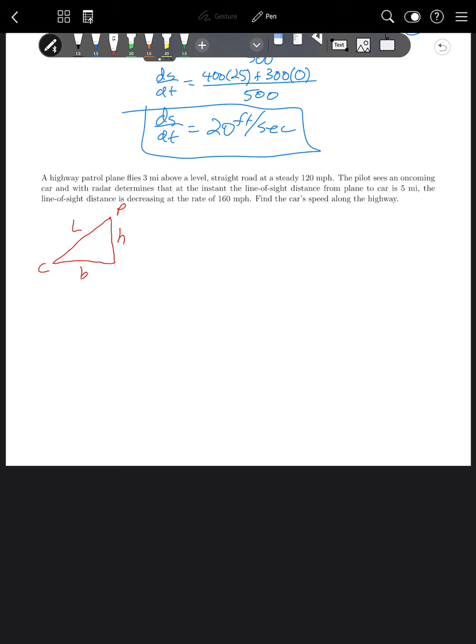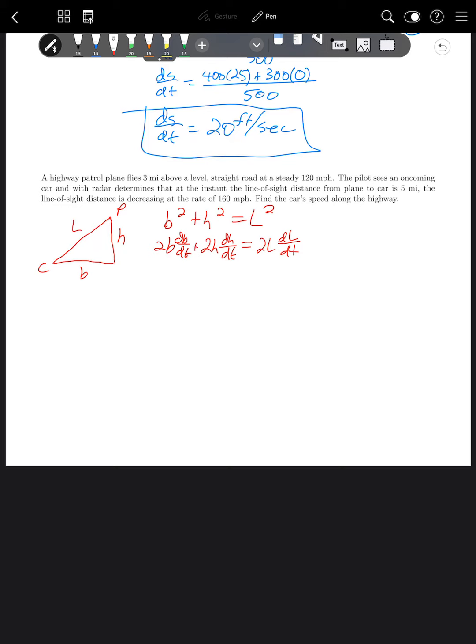So once again, start out the exact same way. You write out the Pythagorean theorem and then take the derivative, which is 2b dB dt plus 2h dH dt equals 2L dL dt.